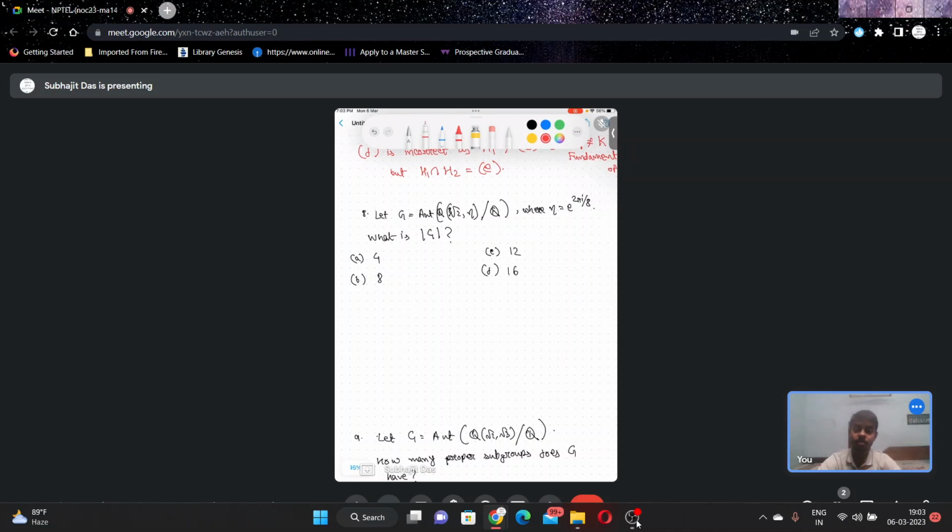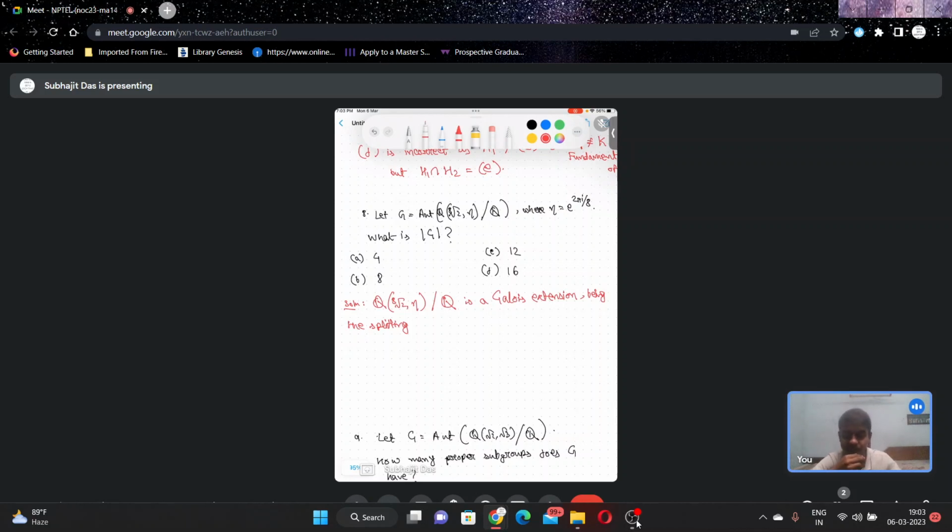So solution, again as usual, Q adjoined with the 8th root of 2 comma eta over Q is what kind of extension? It is a Galois extension, being the splitting field. I'm sure by now you have figured out how to find out whether extensions are Galois extensions or not.